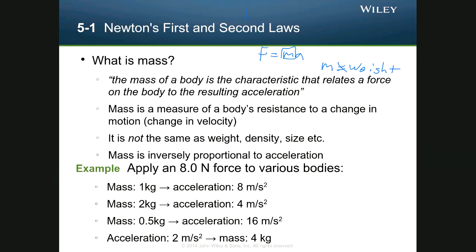By giving mass, making it quantitative, we know exactly how many toy balls it would take to make it just as hard to move as the fridge, and that lets us compare and start to solve problems and quantify things. So that's the motivation for quantifying mass. All right, you'll notice it is not the same as weight, density, or size.